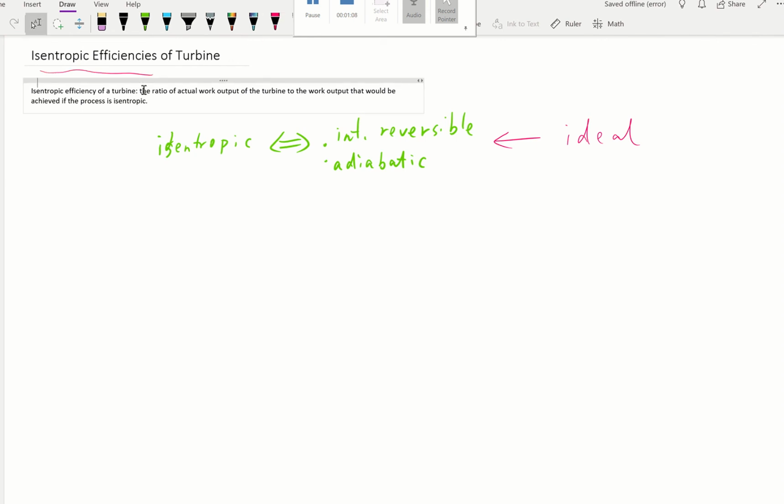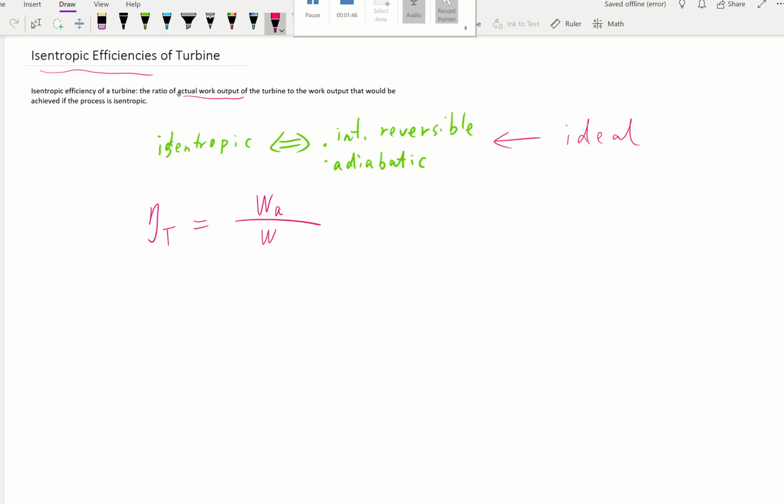So the isentropic efficiency of the turbine, it's a ratio. We're going to call this eta T, the efficiency for the turbine. It's a ratio of the actual work output of the turbine to the work output that could potentially be achieved if the process is isentropic.